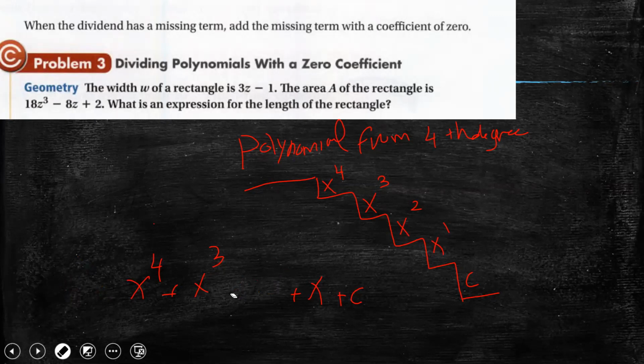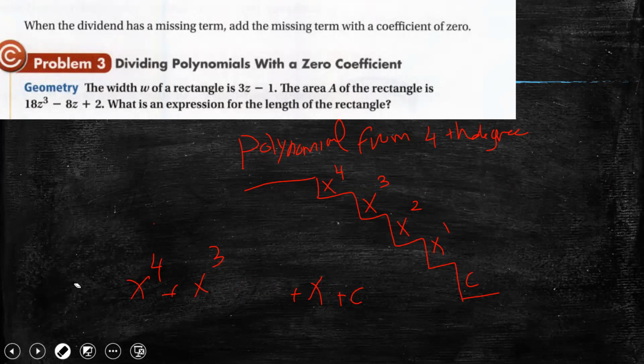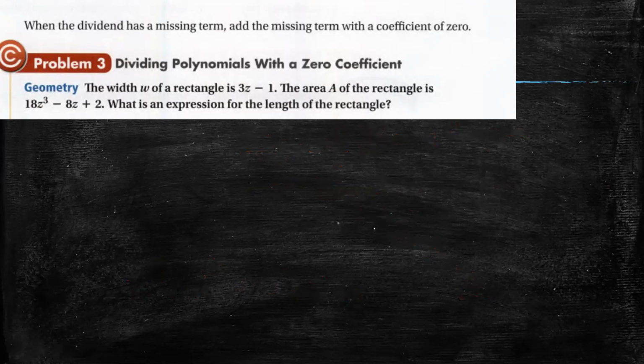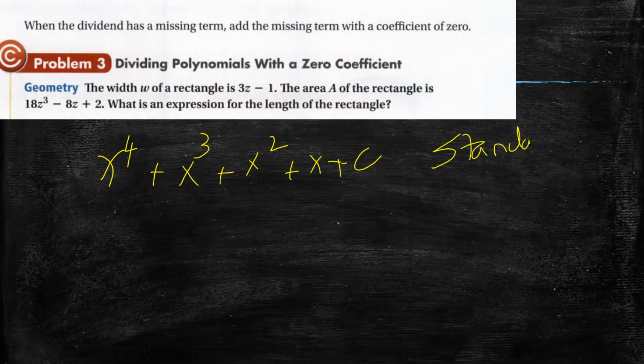Is it right? Yes. No. Look here. Now, the standard form says that we have x to the power 4 plus x cubed plus x squared plus x plus c. This is the standard form.